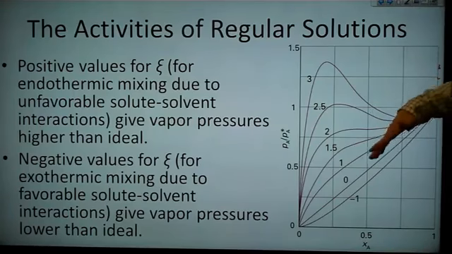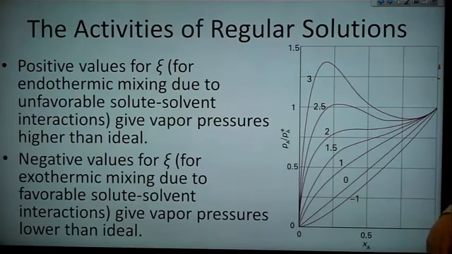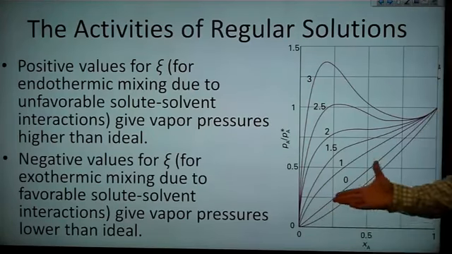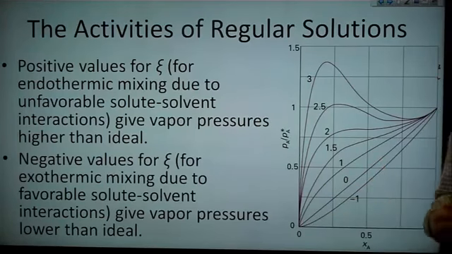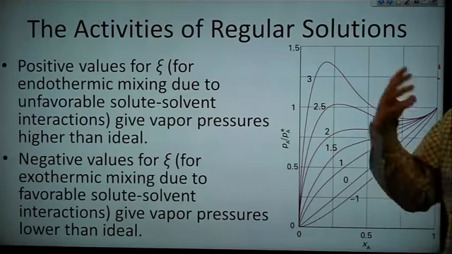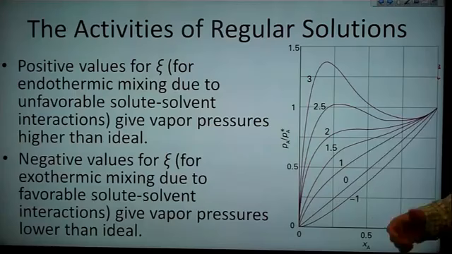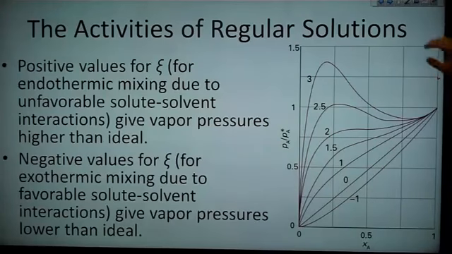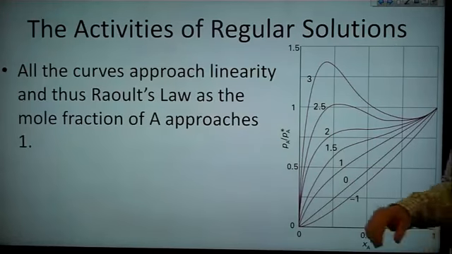And negative values of xi are for exothermic mixing, due to favorable solute-solvent interactions. These give vapor pressures lower than ideal because it's harder to remove molecules. Now we have even more intermolecular forces than with the pure solvent, so we have a lower vapor pressure than ideal.